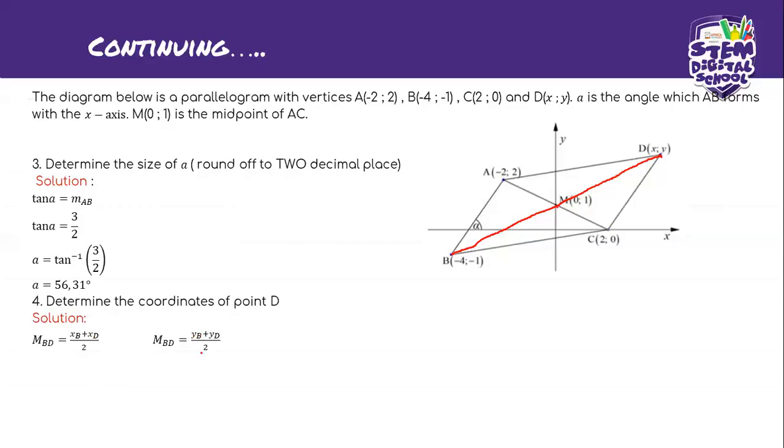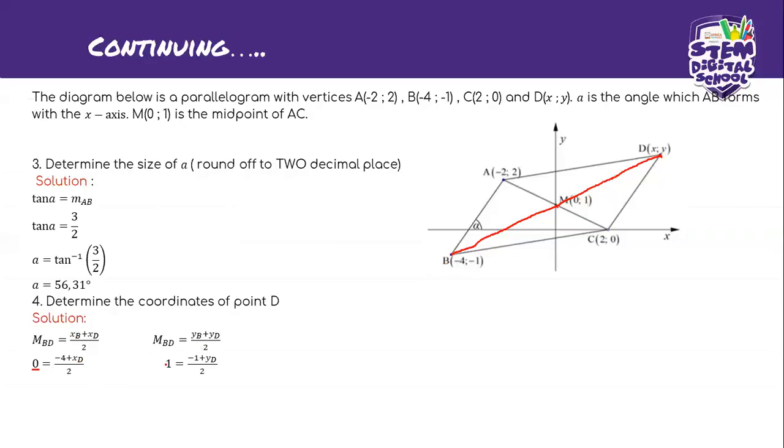The midpoint x value is 0. Then XB, you can see the value of x there is -4. That is -4 plus XD. XD is what we are looking for, right? We are in need of that value of x.